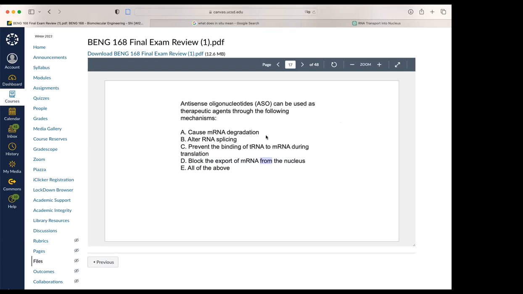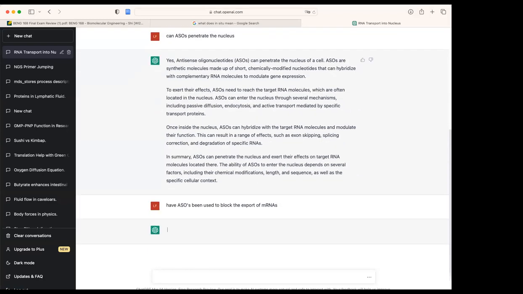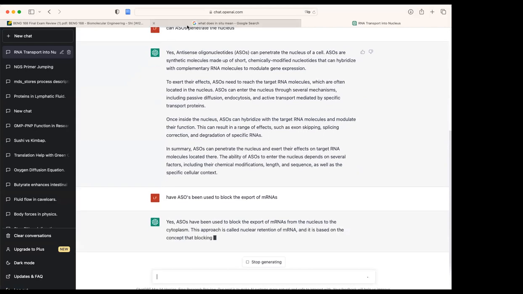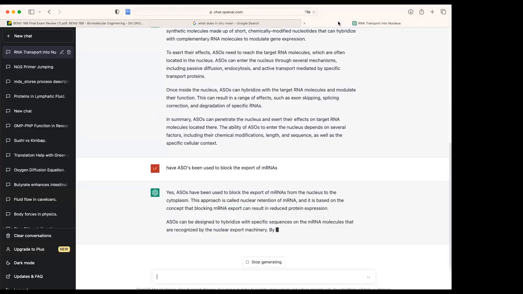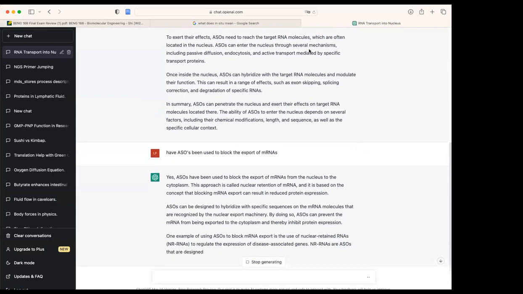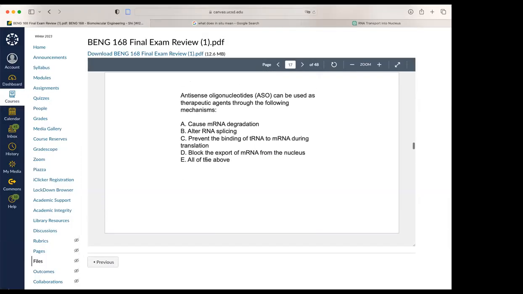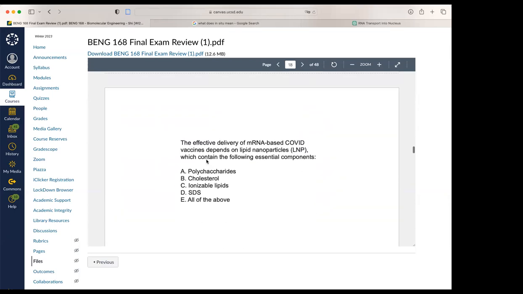Maybe that's why it's not the answer. Maybe I'm going to clarify with the professor, because I remember she said it wasn't the answer for this question. It was not E. But anyways, let's look into that.